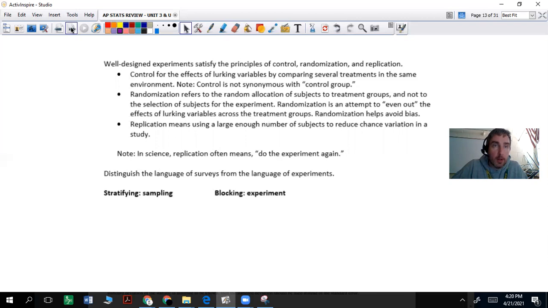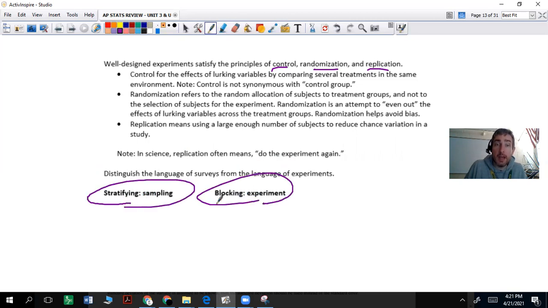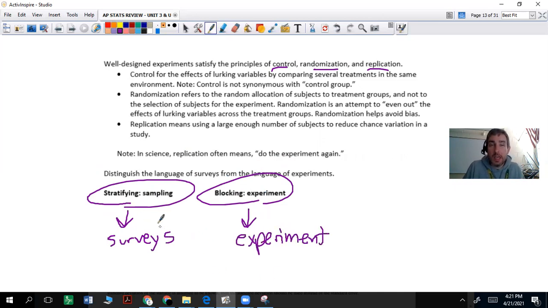A couple other things. Well-designed experiments satisfy the principles of control, randomization, and replication. We already kind of talked about that. We want to know the difference between stratifying and blocking. So stratifying goes with surveys. Blocking is for experiments. I mean, they're the same thing, right?